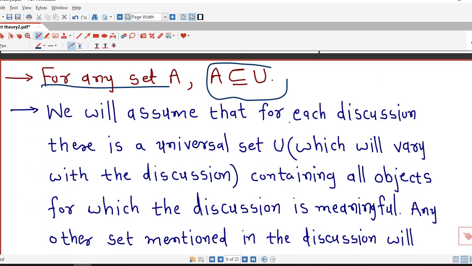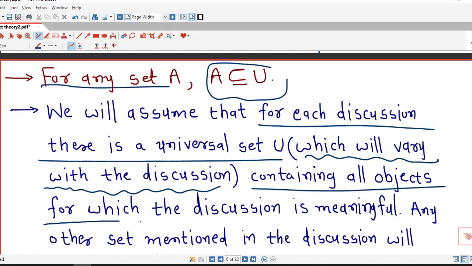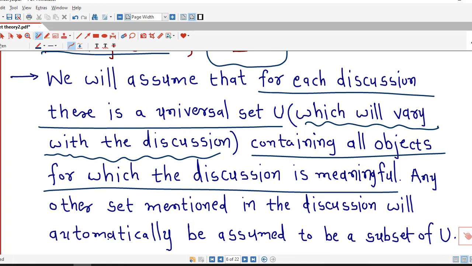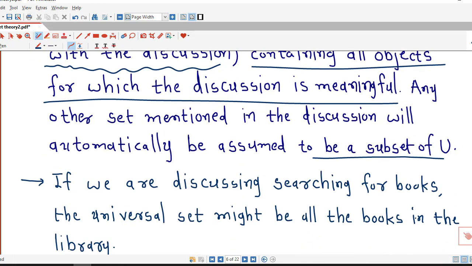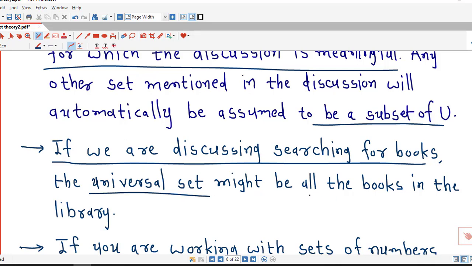We will assume that for each discussion there is a universal set U which will vary with the discussion, and this set contains all objects for which the discussion is meaningful. Any other set mentioned in the discussion will automatically be assumed to be a subset of U. Some examples: if we are searching for books, we can consider the universal set as the set of all books in the library.